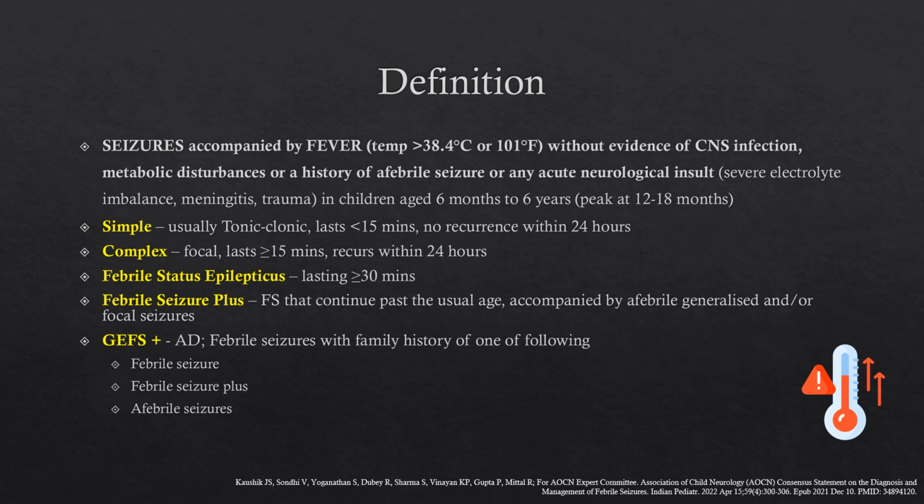That means family history of any of these conditions accompanied by febrile seizure in the patient, most likely autosomal dominantly inherited, we can call it generalized epilepsy with febrile seizure plus or GEFS plus. So these are the common terminologies that are used in relation to febrile seizures.